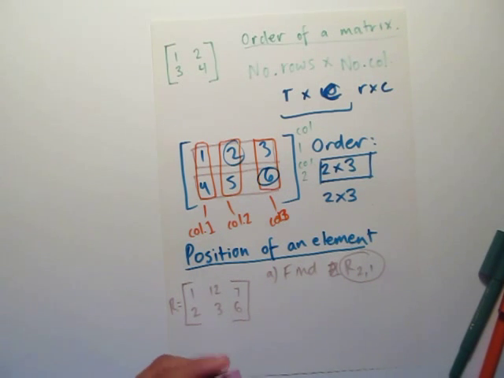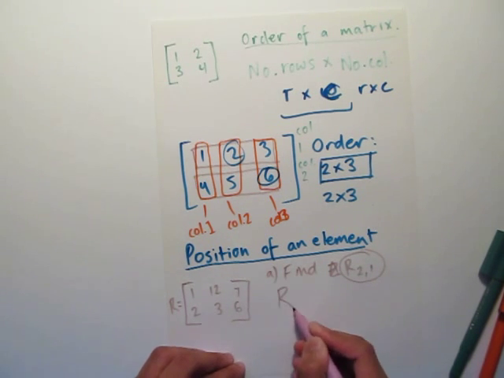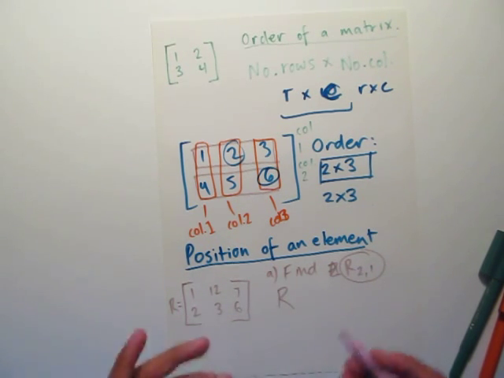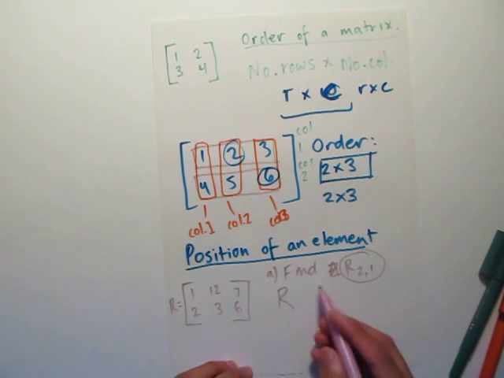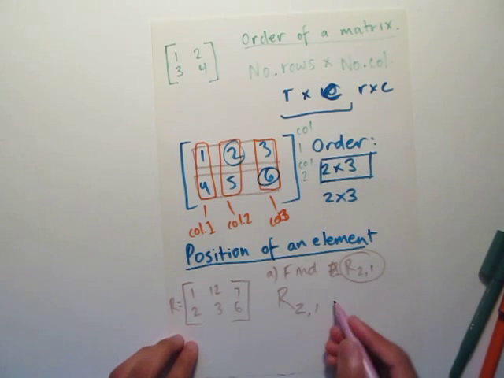So what does that mean? You're in the matrix R, this matrix here. You have to go to the second row and to the first column. That's 2.